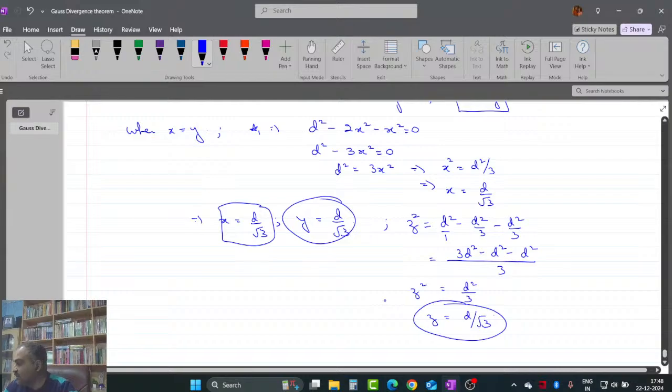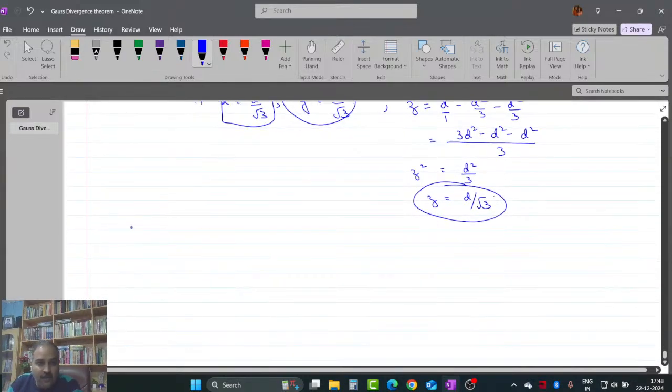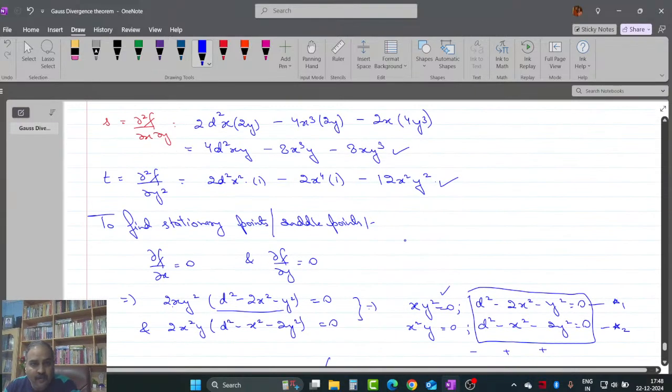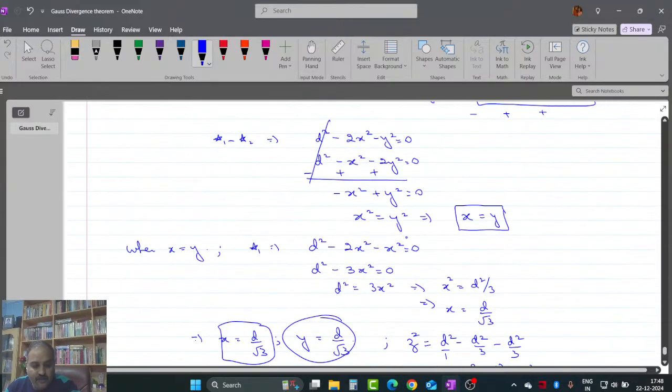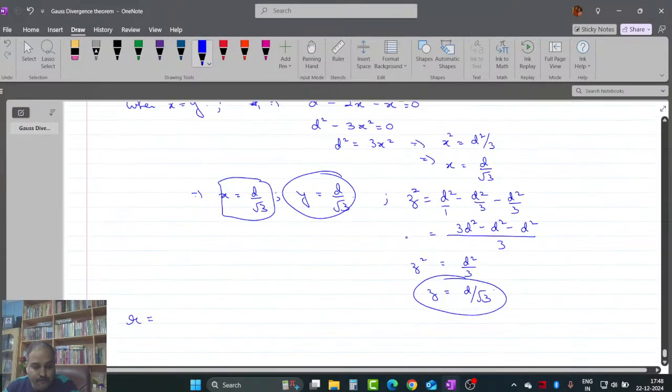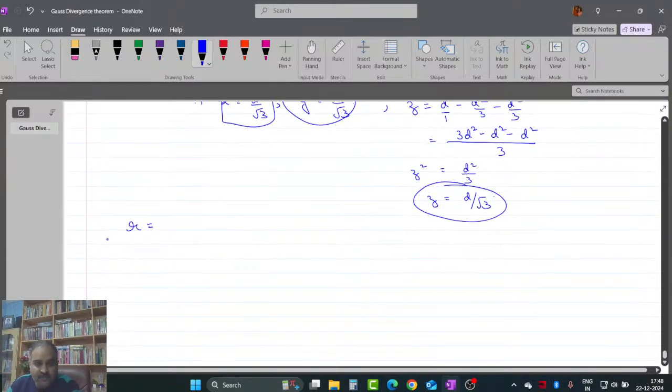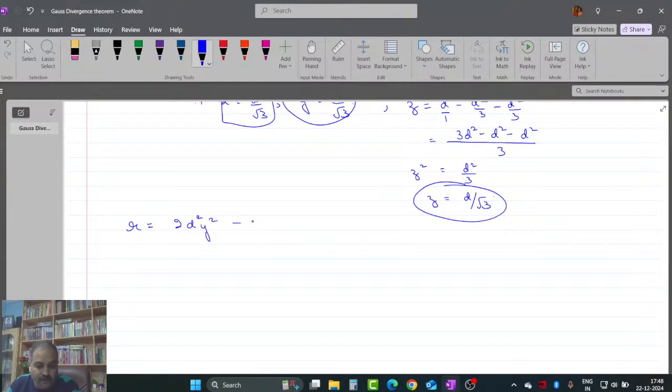Now I need to check whether it is a maxima or minima, the main point. So what was the value of r? I'm writing it over here: 2d²y² − 12x²y² − 2y⁴.